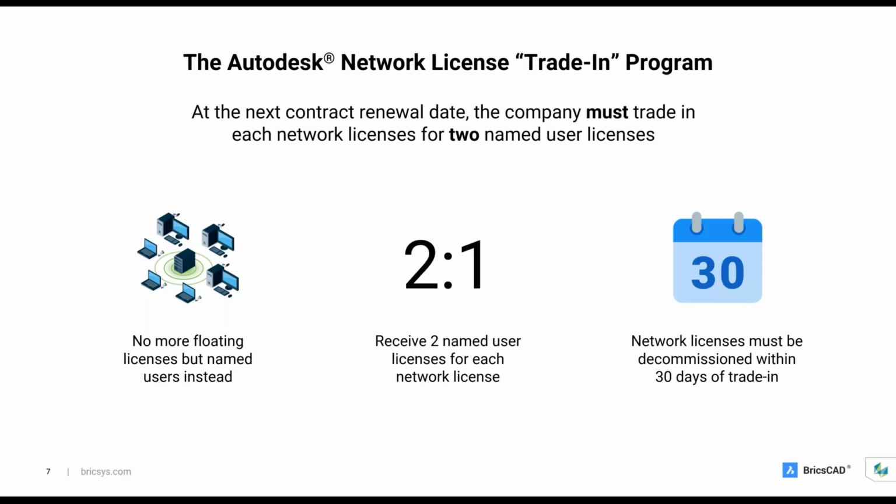Every network license that you have today will become 2 named user licenses tomorrow. So if you had 50 network licenses, you're going to receive 100 named user licenses. You're going to have to adapt to that methodology of controlling users, that is 1 license per 1 email.